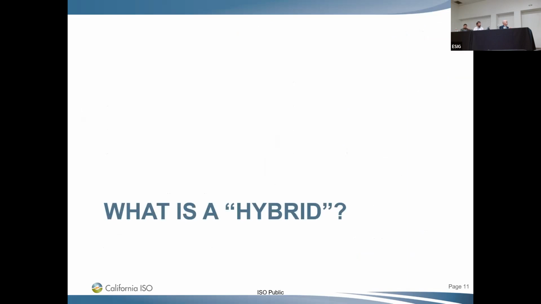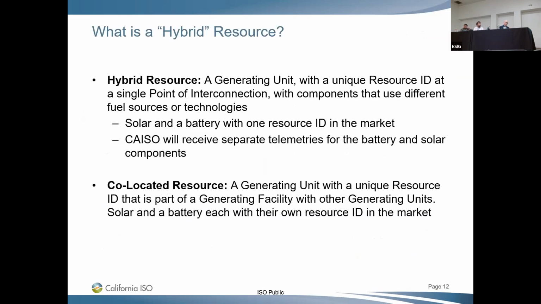So I'm going to transition back a little bit. What is a hybrid resource? So for California ISO, and note that all of us are a little different in how we've defined them. A hybrid resource is a generating unit with one unique resource ID at a single point of interconnection with components underneath it that use different fuel sources or technologies.